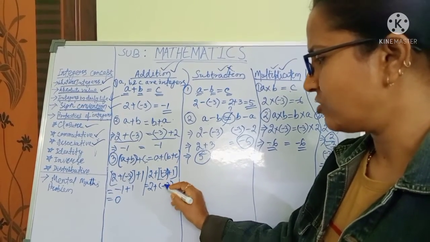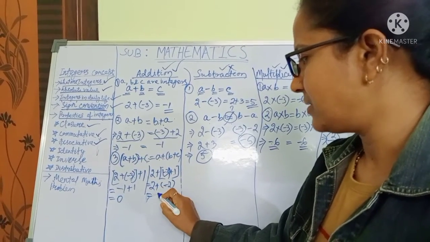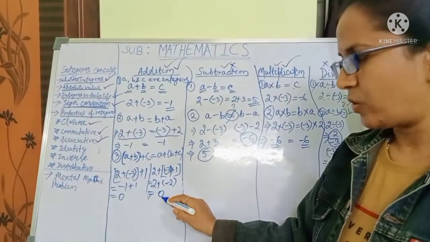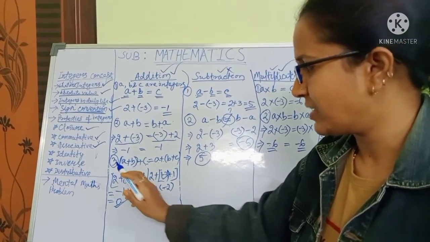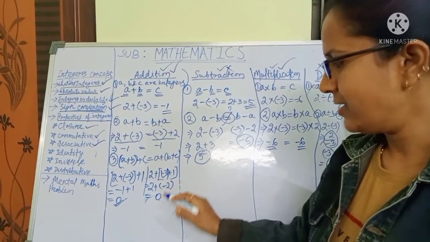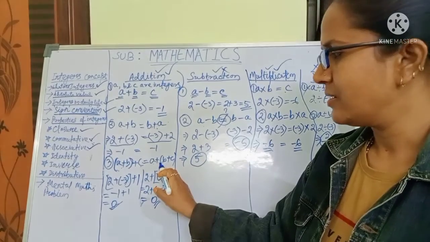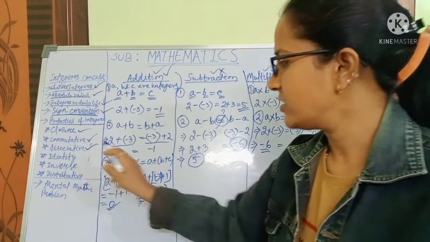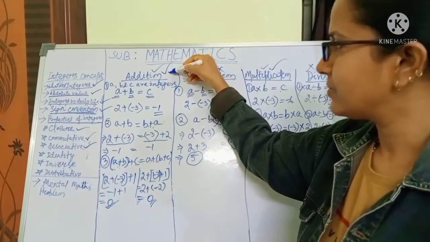So 2 plus of minus 2 is 0. So now we are getting left hand side as 0 and right hand side as 0. So this property holds good here. The associative property is applicable for addition.